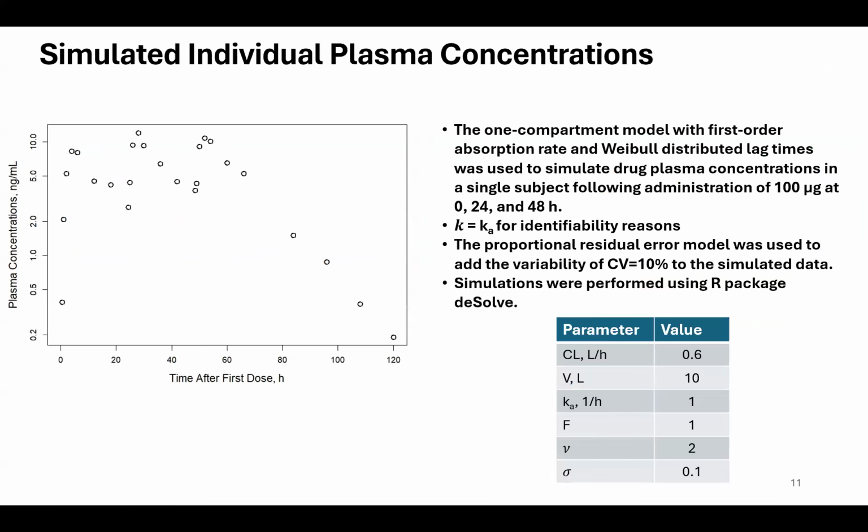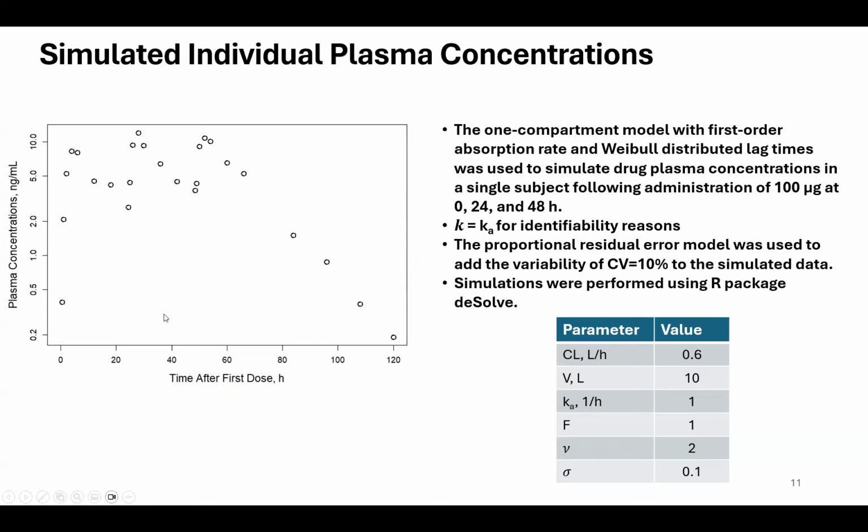So I simulated, used the software, the R package deSolve that has the ODE solver, and I used the built-in Weibull function in R, and I basically used this ODE model with those different dosing times to generate single subject data with the doses of 100 milligram of some arbitrary drug at 3 time points, 0, 24, and 48.